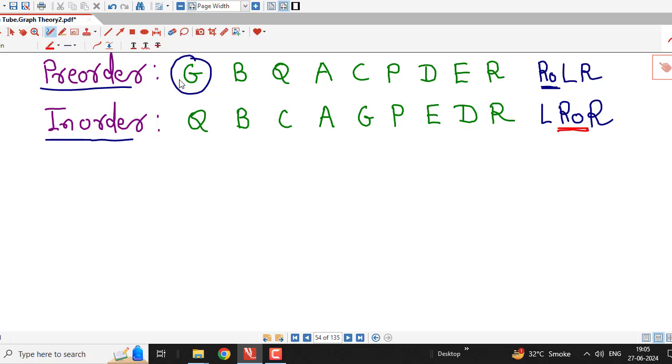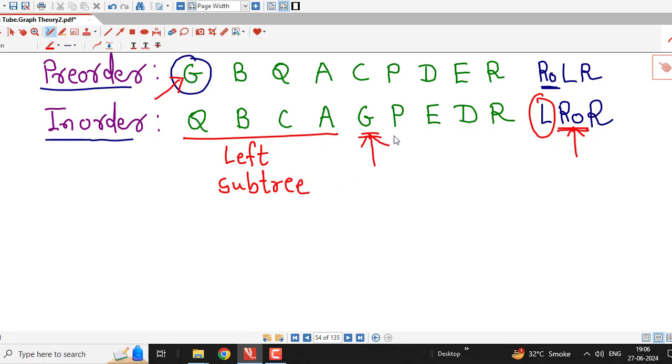Here we can see that G is at this position in the in-order traversal, and in the in-order traversal the left side of the root is nothing but the left subtree of the binary tree, and the right side of the root is nothing but the right subtree of the binary tree.